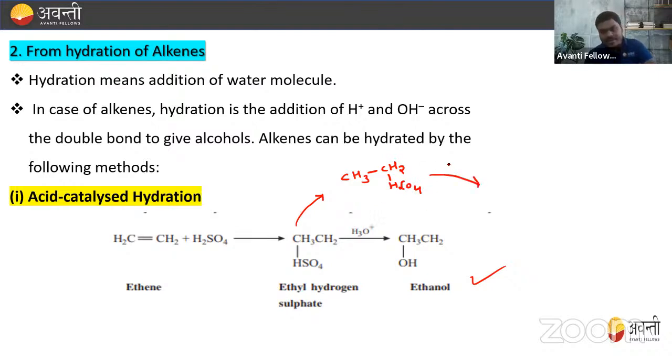Now on hydrolysis, you'll get CH3CH2OH. This is the correct way. The other structure is not possible, because carbon can't have a valency more than 4. So this is the correct one, CH3CH2OH. So from ethyl hydrogen sulfate we get ethanol. When ethene is treated with this, formation of ethanol takes place. I hope this is clear. How will you prepare ethanol from this?